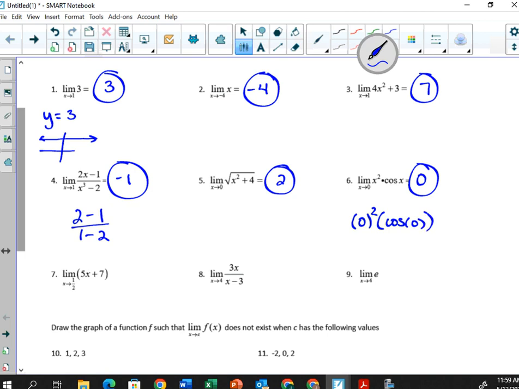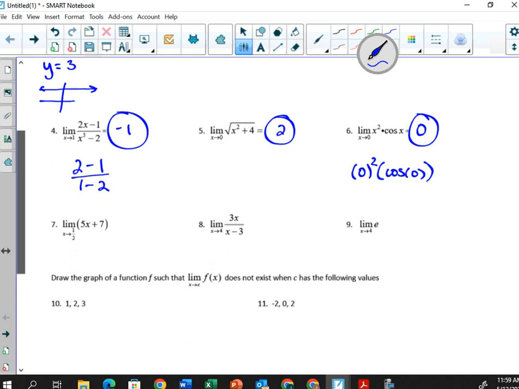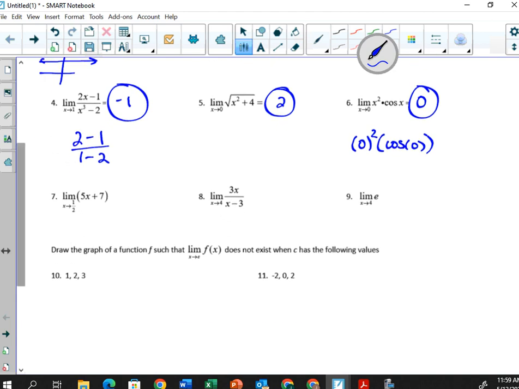So 0 times anything is going to be 0, yeah. All right, what do we get for number 7? 19 halves. All right, what do we get for 8? 12. And number 9?